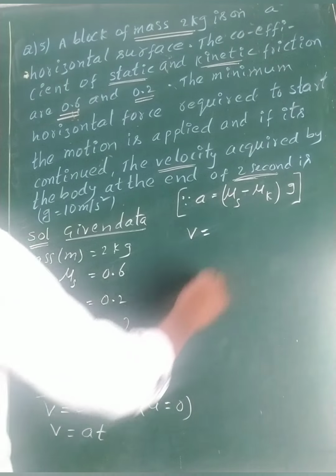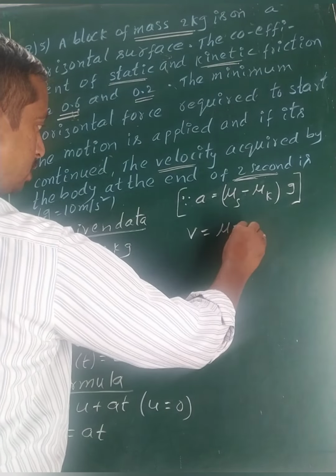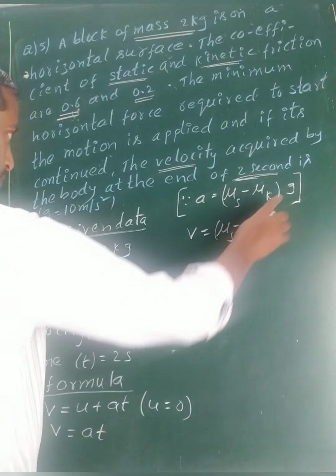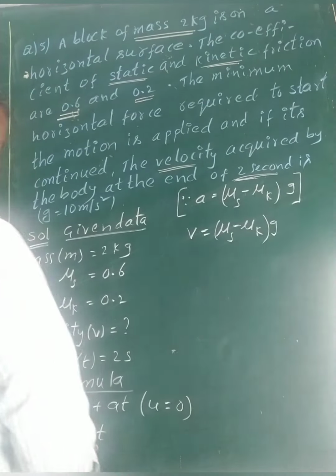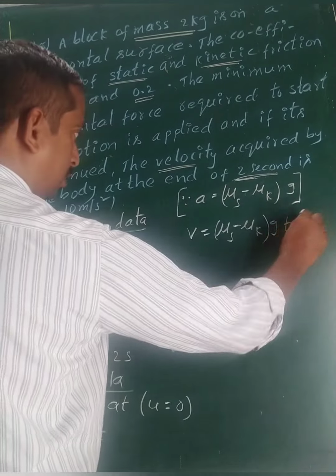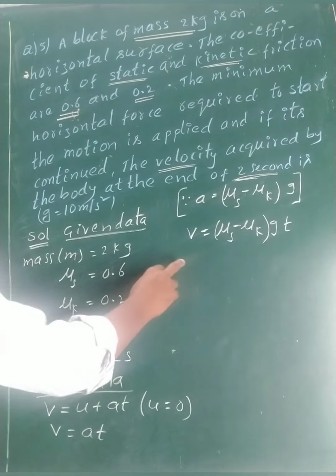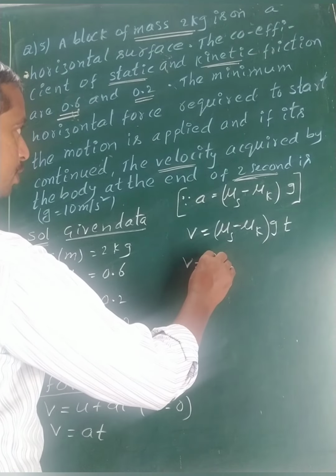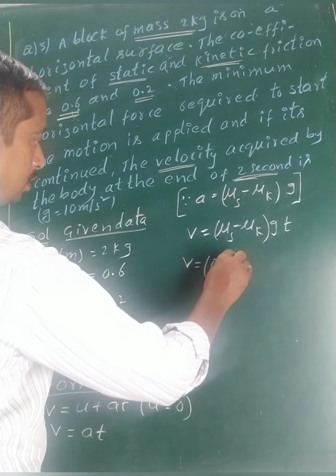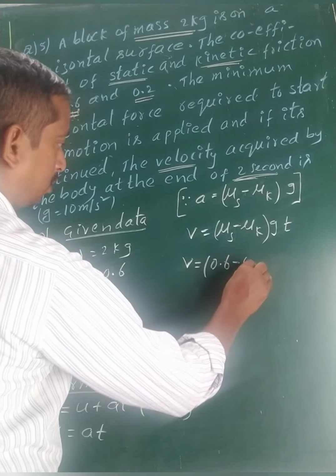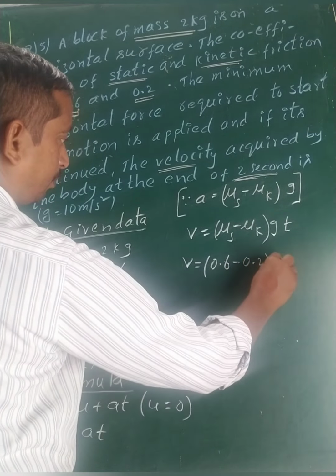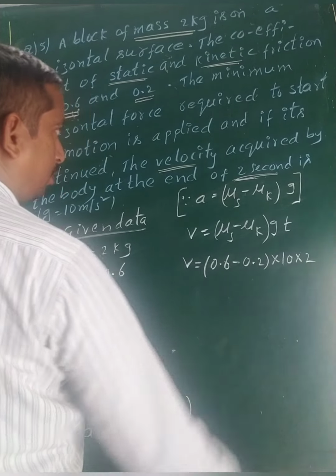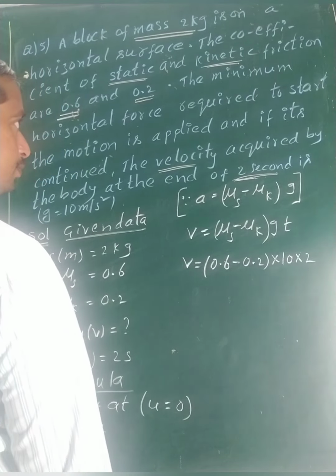Then v is equivalent to (mu s minus mu k) into g, and the time is t. Now substitute the values from the data. v equals mu s value 0.6 minus 0.2, g value is 10, time is 2 seconds.